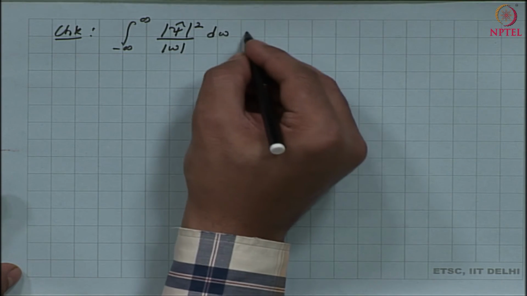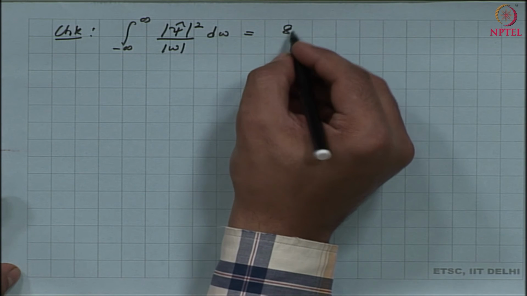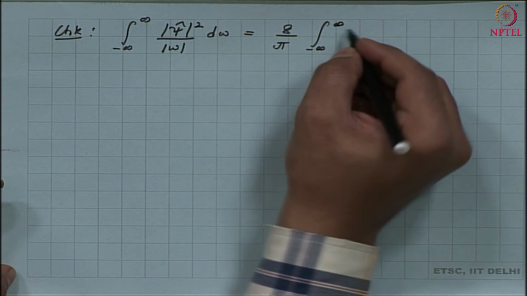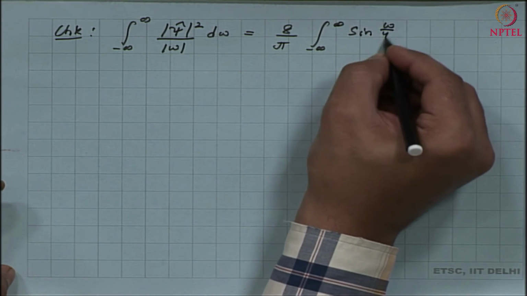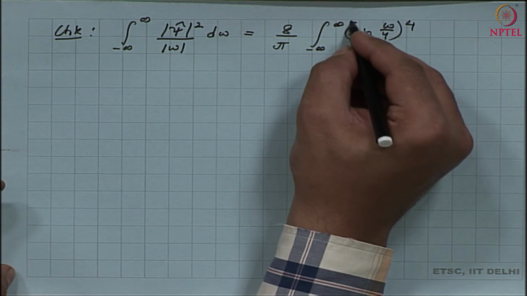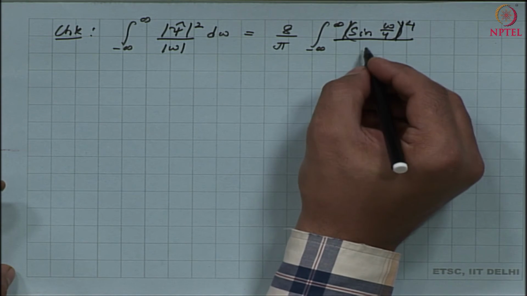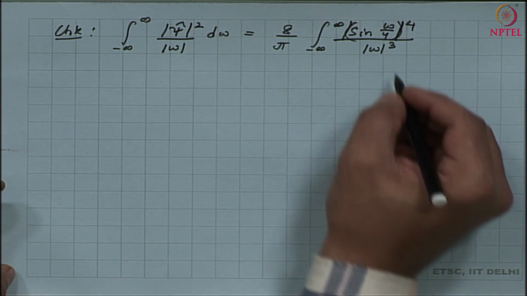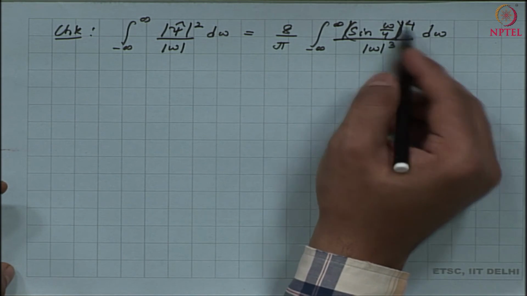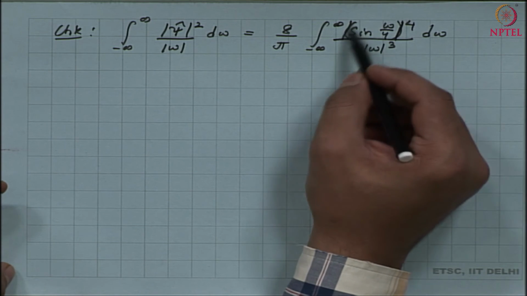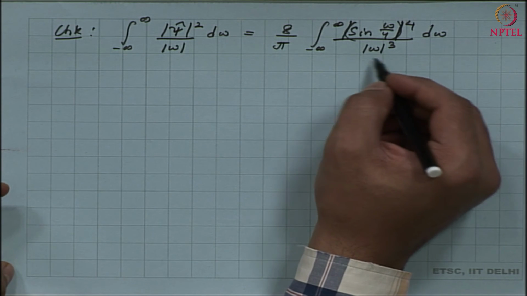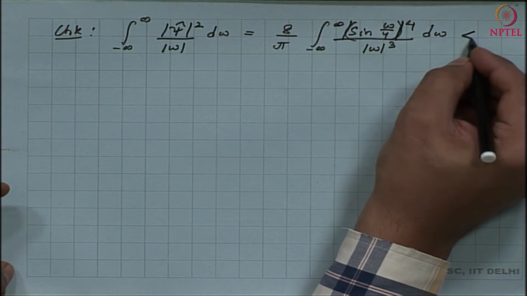If we were to integrate this in the case of Haar, I get the following integral: 8 by pi from negative infinity to infinity of sine of omega by 4 whole to the power 4, divided by mod omega square, d omega. It is easy to see that the numerator is bounded, and the denominator for larger and larger values of omega becomes bigger and bigger. So, this integration is finite.